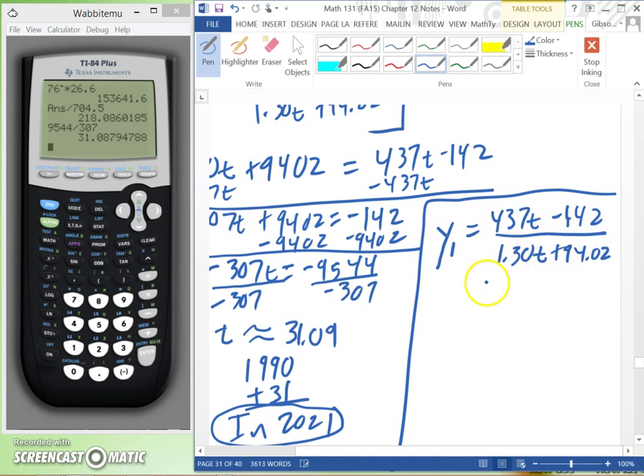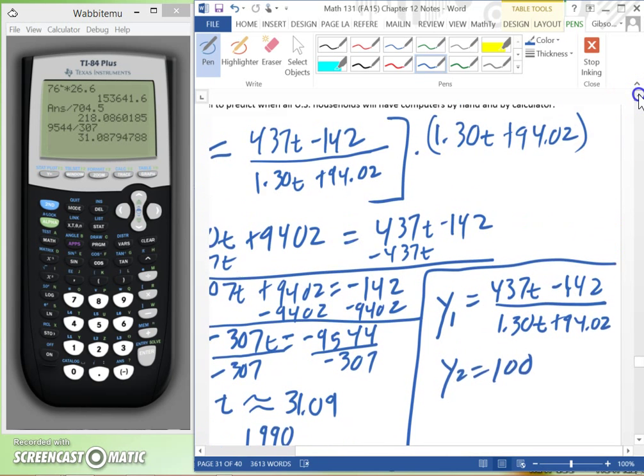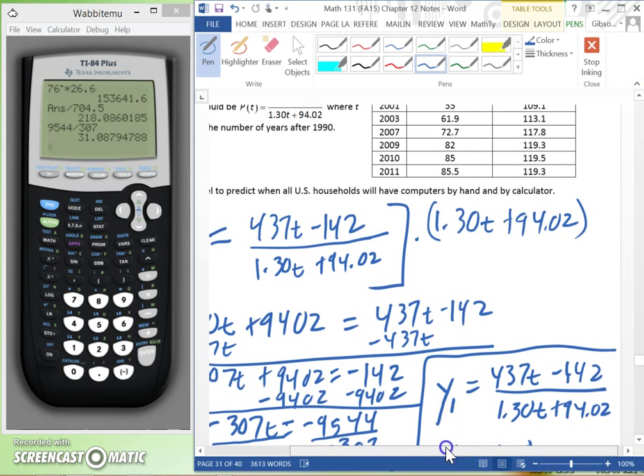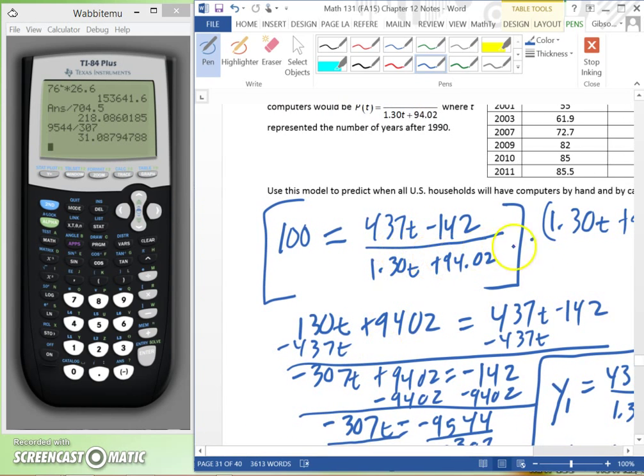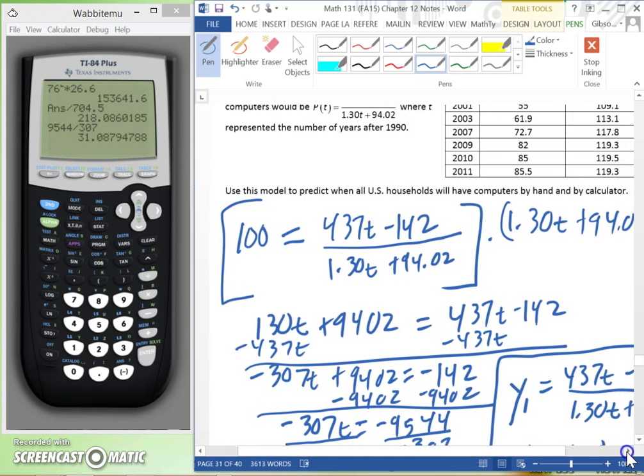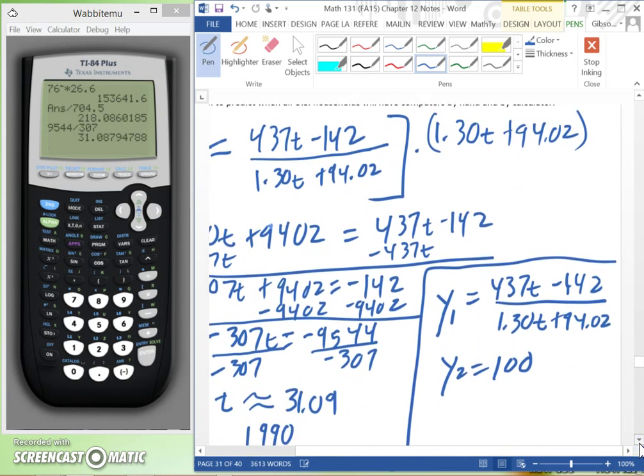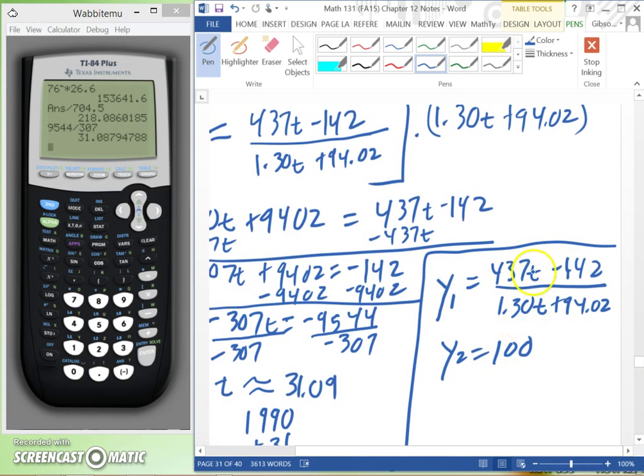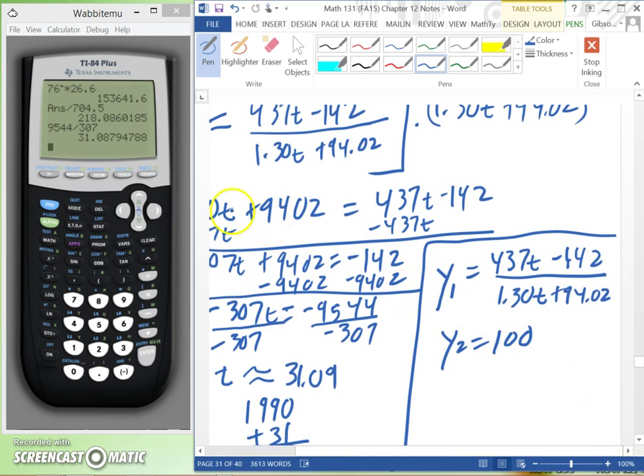This would be your y1. Your y2 would be 100. If you look closely here for the calculator, this is what we had before we multiplied each side. We had this fraction equal to 100. So we put this in as 2 separate equations.